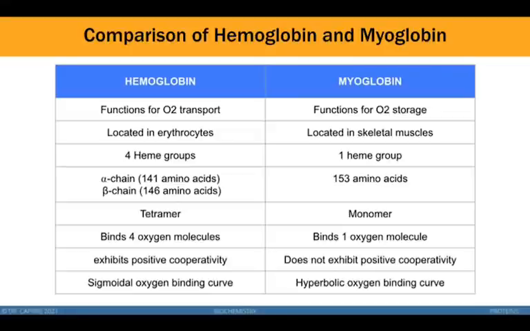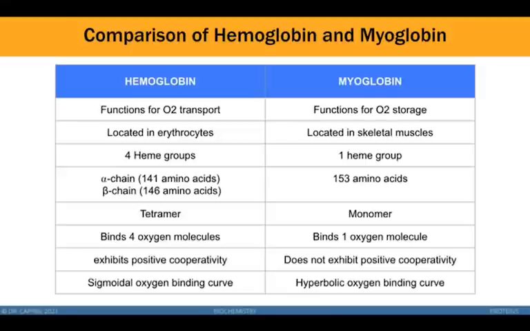Hemoglobin consists of four heme groups, while myoglobin has one heme group. Hemoglobin contains two alpha chains and two beta chains. The alpha chains consist of 141 amino acids, and the beta chains consist of 146 amino acids. But myoglobin only consists of 153 amino acids all in all.